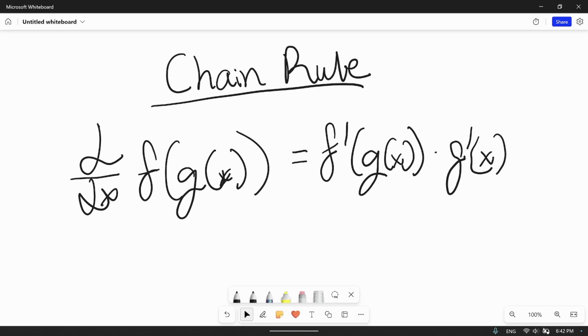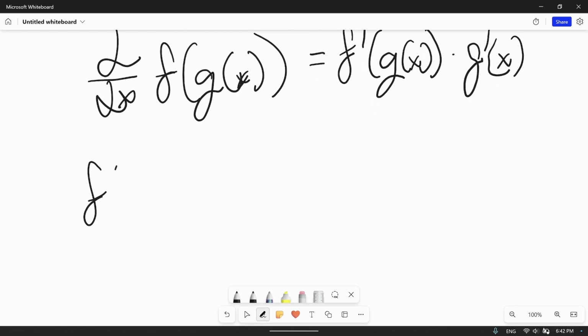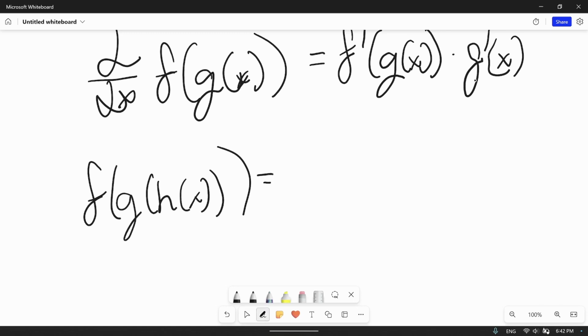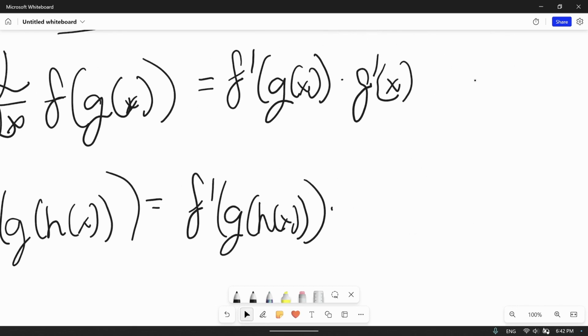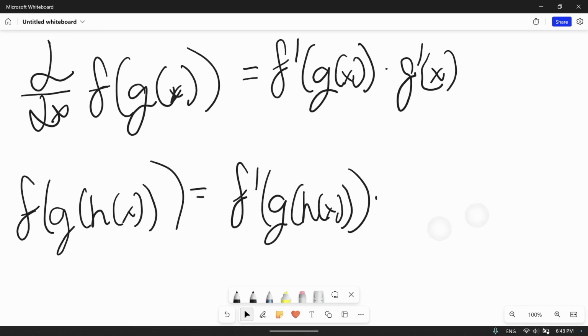Also, I just want to let you know that if you were to expand it, such as this, you would be getting f prime of g of h of x times, hold on, my brain is not braining right now.